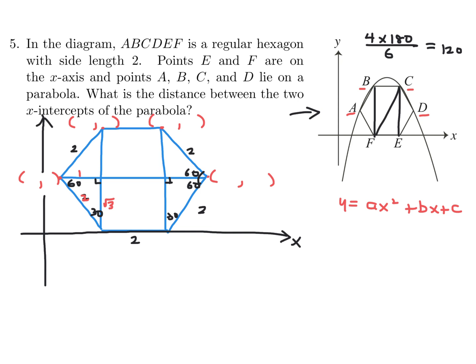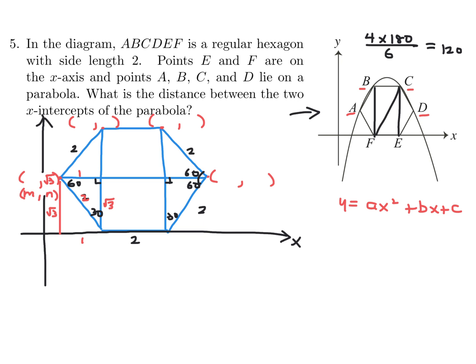It may be a little bit to the left or to the right. I'm not sure. But let's see. I don't know what these coordinates are, so we're going to have to start with some letters here. Let's just say it's M, N, and then hopefully we'll get some numbers. This is going to be 1, and this is going to be root 3. So regardless of what M is, this is root 3 based on that 30, 60, 90 triangle.